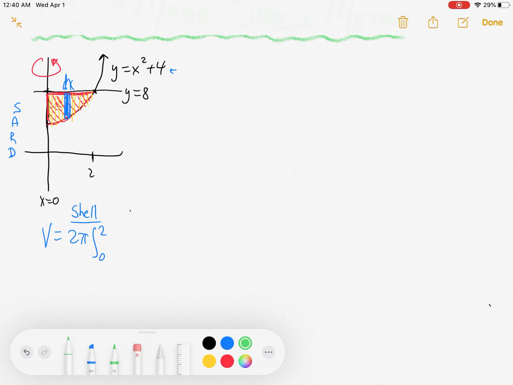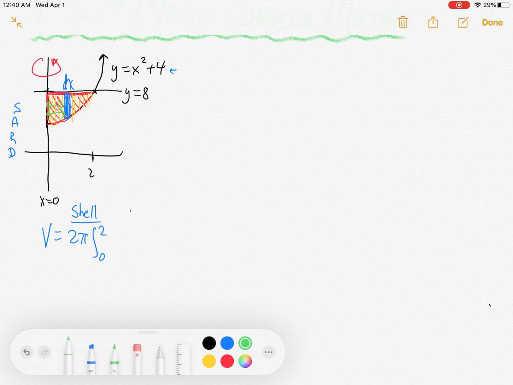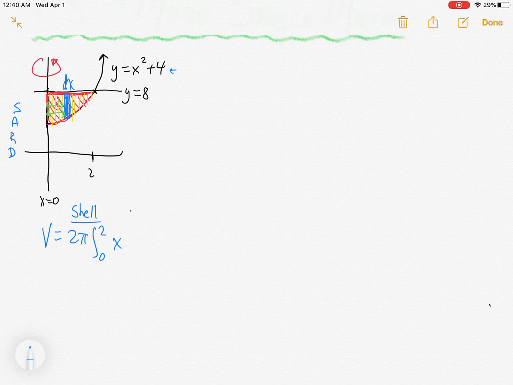Our p is the distance the rectangle is from the axis of revolution. As the rectangle moves left and right through the region, that distance is always the x-coordinate. Remember, it's always going to be x or y as long as you're revolving around the x or y axis. Since it's revolving around the y, it is x units from the y-axis.